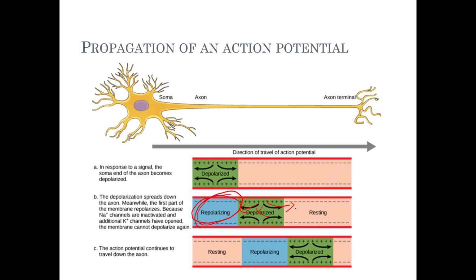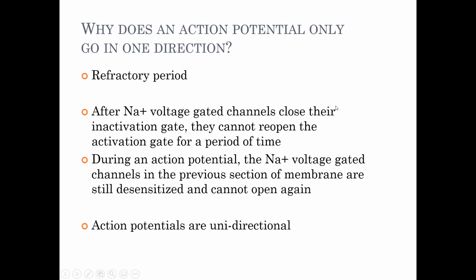And so we have the action potential that travels, and it will always travel in this direction from the cell body all the way down the axon to the axon terminals. So the action potential only goes in one direction because of that refractory period. Okay? Voltage-gated sodium channels, when they close their inactivation gates, have to be reset before they can respond to another action potential. They're still desensitized and cannot open again, which means that the action potentials are unidirectional.